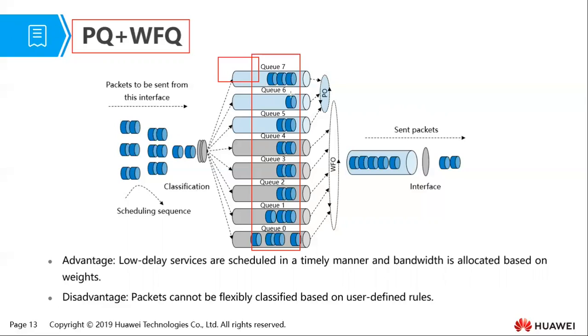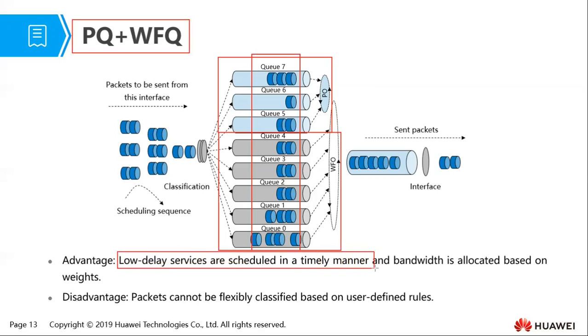For packets from Q5 to Q7, you want them to be scheduled using the priority queue. And then for the remaining packets from Q0 to Q4, you want them to be forwarded based on the weighted fair queue. So when this happens, then you combine the advantages and also limit their weaknesses. So the advantage of this combination, for example, is that low delay services are scheduled in a timely manner, and bandwidth is also allocated based on the weights.